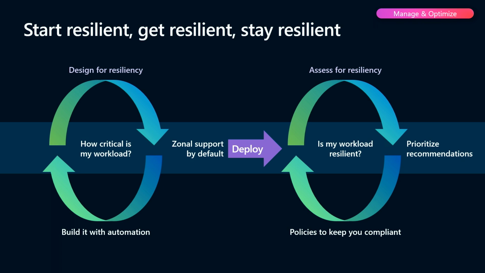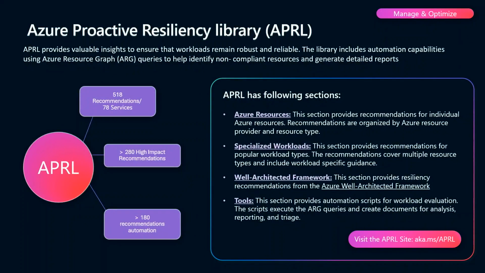But on the specific topic, say you are on your migration journey and my talk didn't come in time for you. You want to go look at some of the things you've already migrated and take a peek at them. We've built something called the Azure Proactive Resiliency Library.